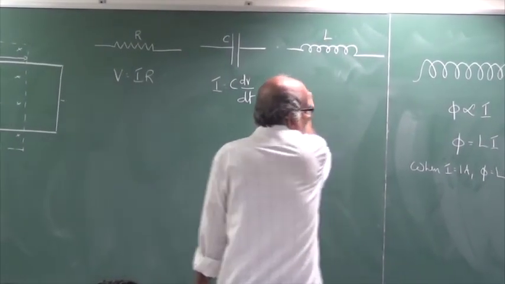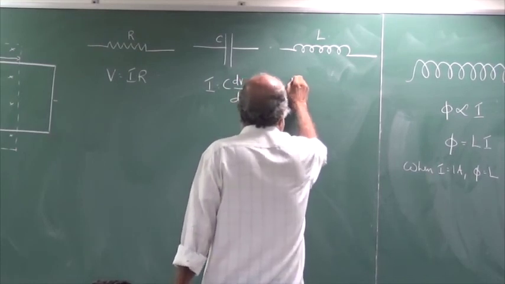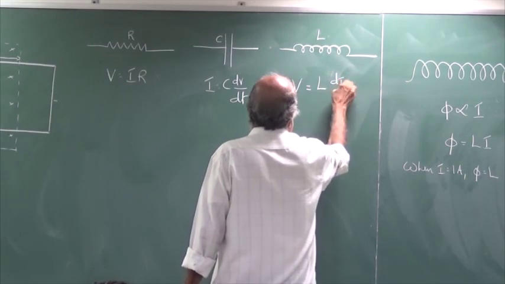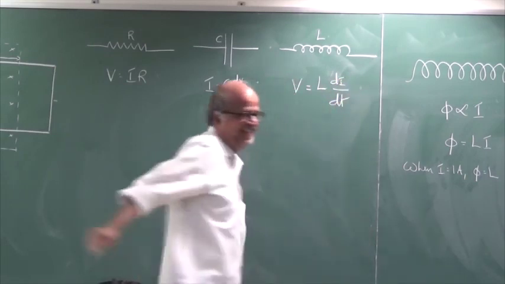Coming to this inductor, what is the relation between voltage and current? V equal to L di by dt.